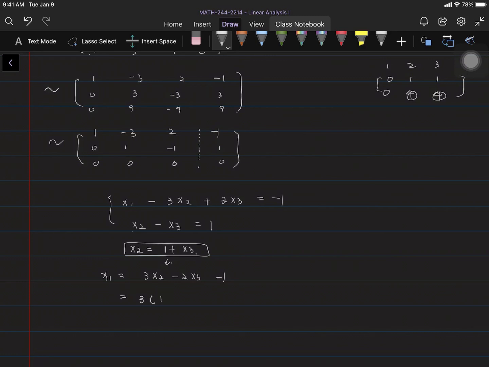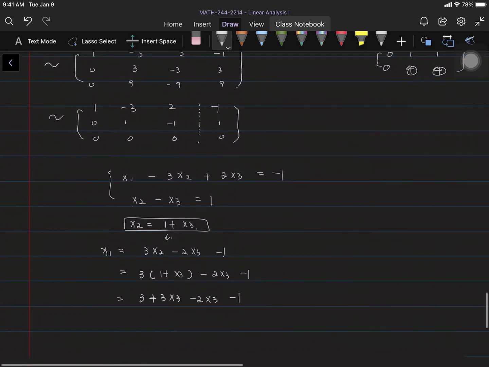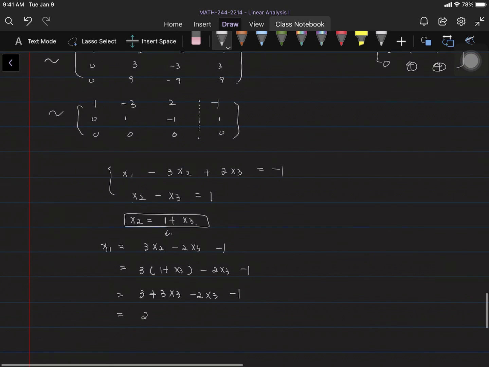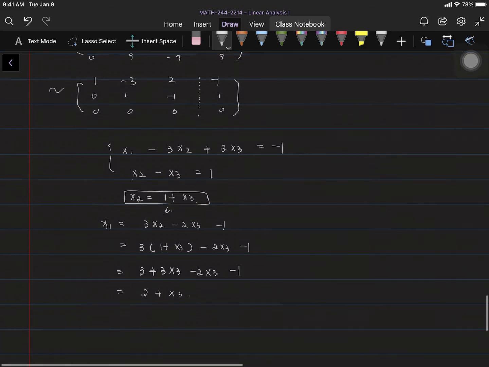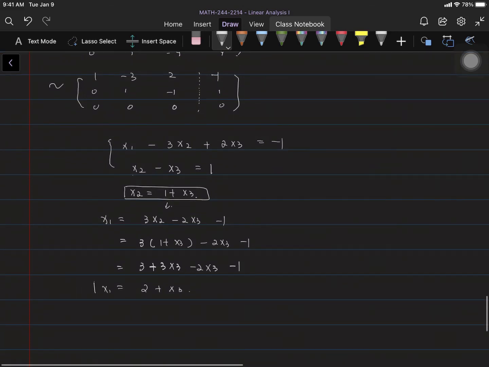So 3 times (1 plus x3) minus 2x3 minus 1. Simplify this one. We can express x1 in terms of x3. So 3 plus 3x3 minus 2x3 minus 1. Simplify, so it should be 2 plus x3.